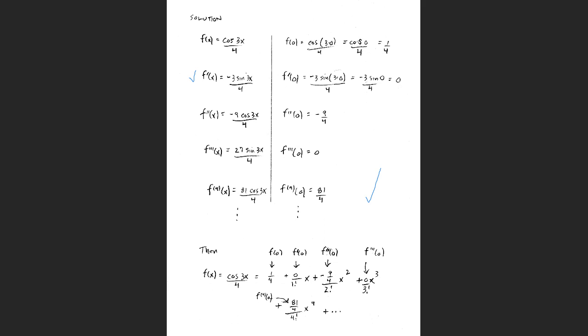The second derivative would be negative 9 times the cosine of 3x over 4. And I decide to compute 4 derivatives, and then I evaluate the 4 derivatives at a equals 0 because I'm looking for a Maclaurin series. Let me give you a moment just to copy that down.